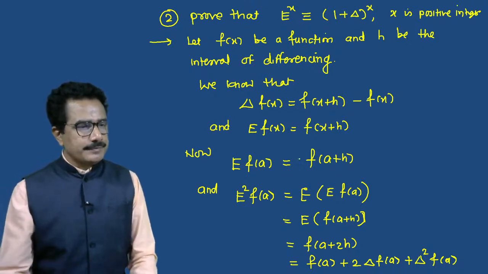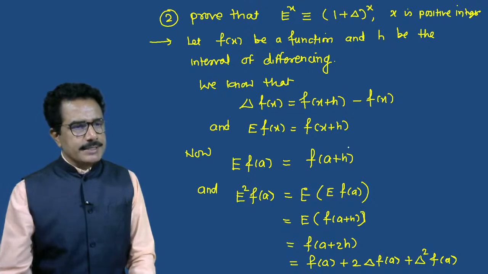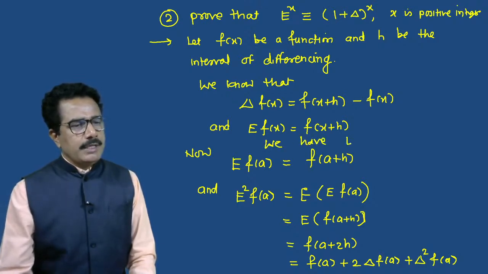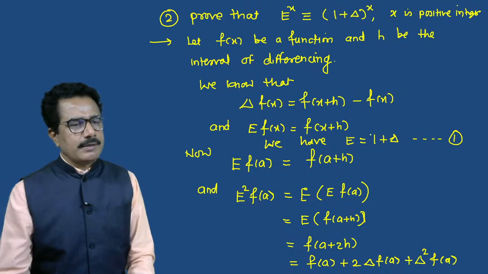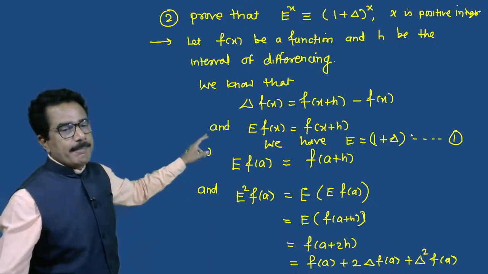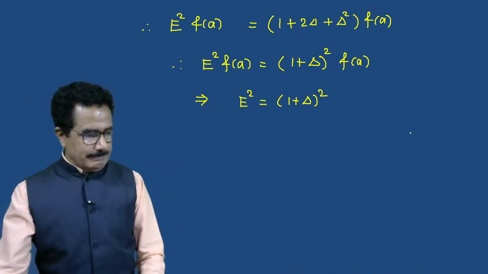Here we can write this also. We have E is equal to 1 plus delta. Suppose this is equation number 1. Now E is equal to 1 plus delta, and we have proved E square is equal to (1 plus delta) square.